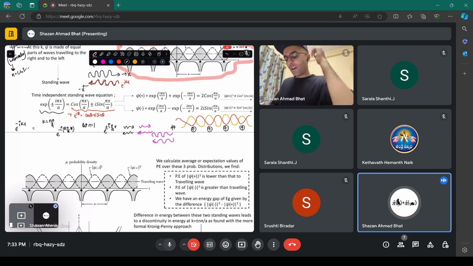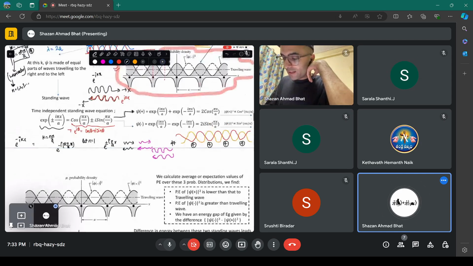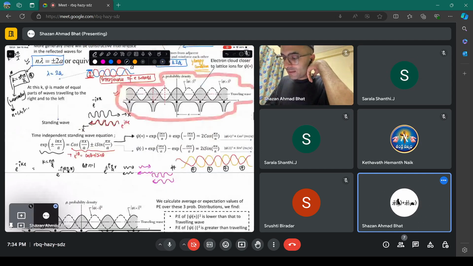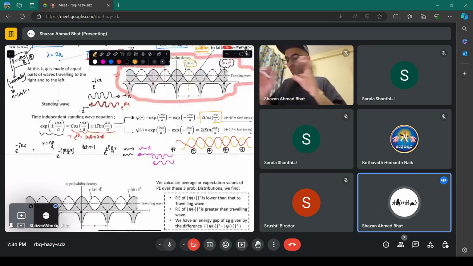Using simple maths, psi plus represents the region where you have maxima at the nucleus, at the atomic locations, and psi minus represents the locations where you have maxima between the two atoms. You get the equations for these in terms of sine and cosine, just to expand this in terms of mathematical functions.